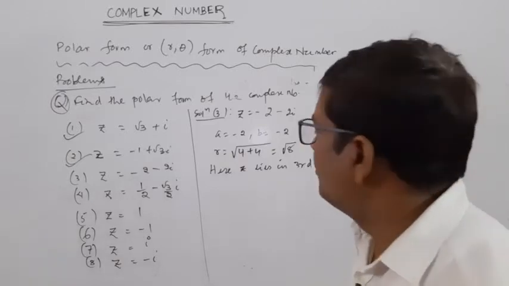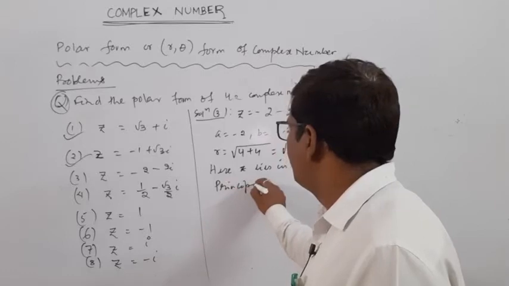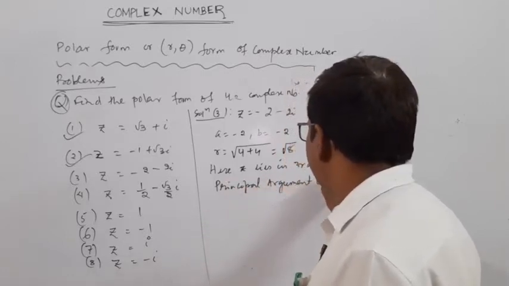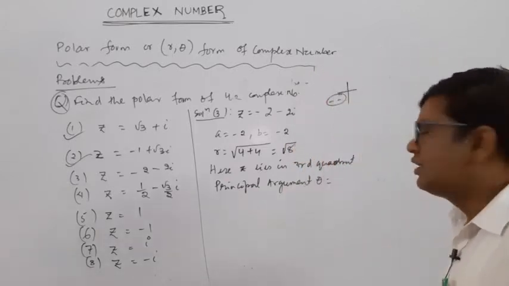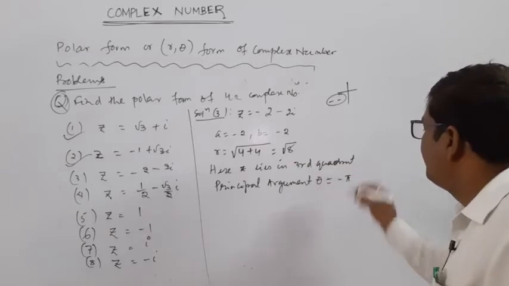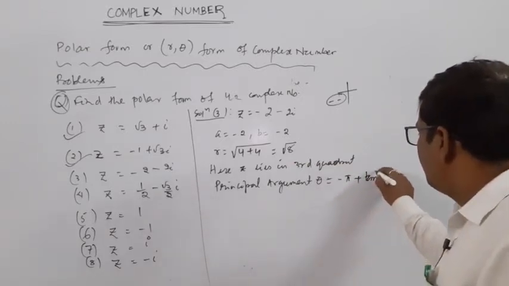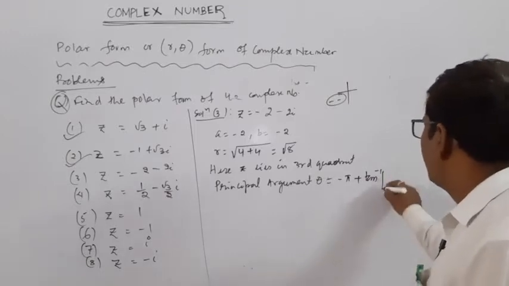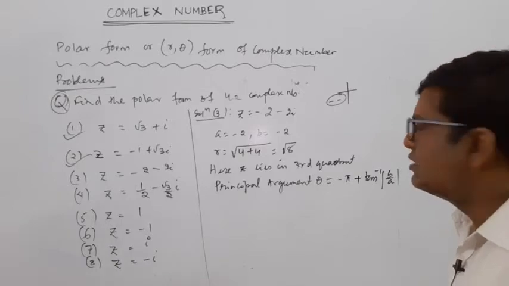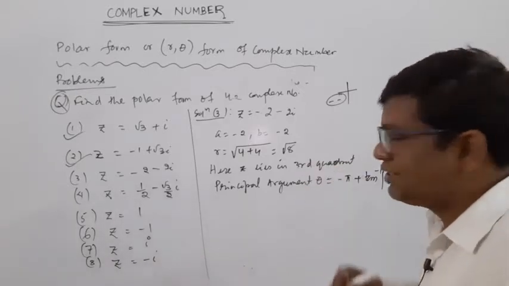Therefore the principal argument theta is equal to minus pi plus tan inverse of mod of b by a. This is the principal argument of the complex number if the complex number lies in the third quadrant.